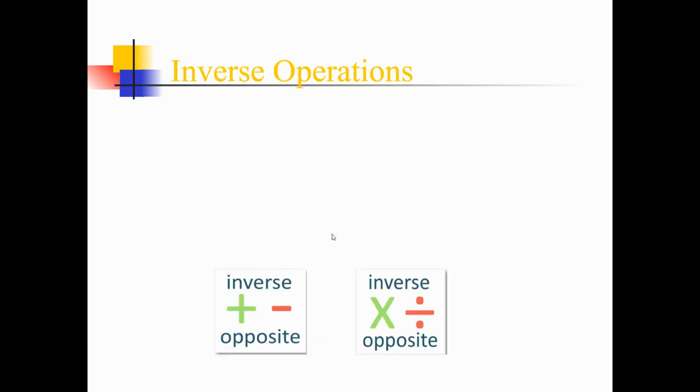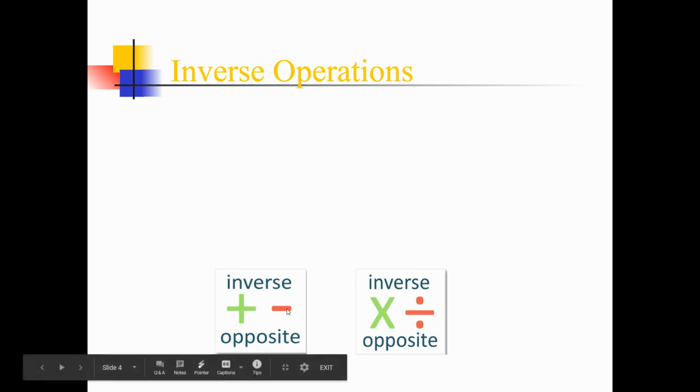All right, so now that I showed you a little bit about what they look like and what you should be doing, this is inverse operations. A lot of you have learned this back in your elementary school years. The inverse of addition, as you can see here in this picture, is subtraction. The inverse of multiplication is division.